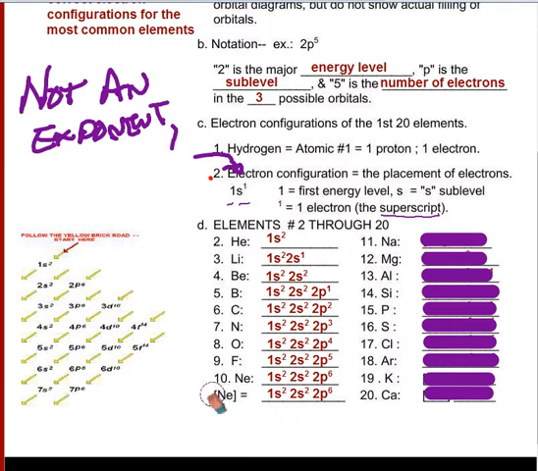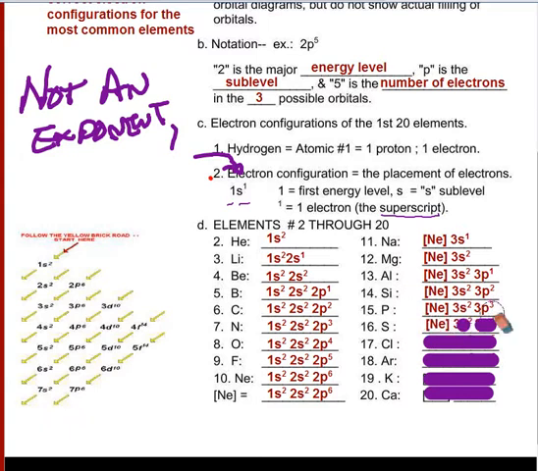Because of that, we now use neon as a shortcut over here. It becomes neon 3s1, neon 3s2, neon 3s2, 3p1, 3p2, 3p3, 3p4, 3p5, and 3p6. My bad, there's no 3p7.